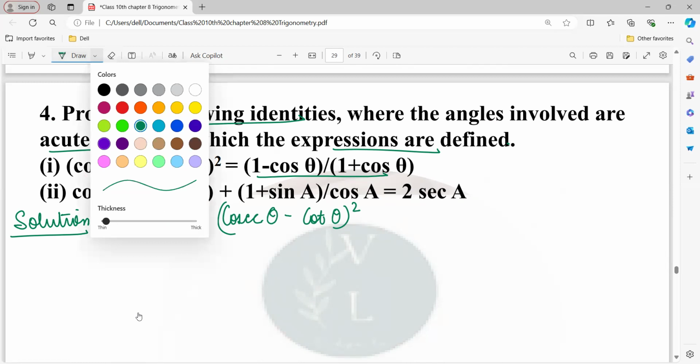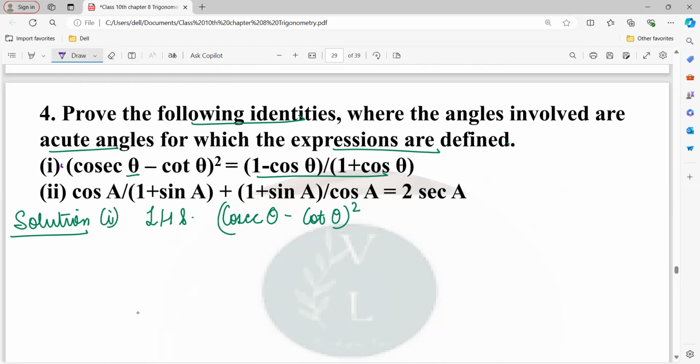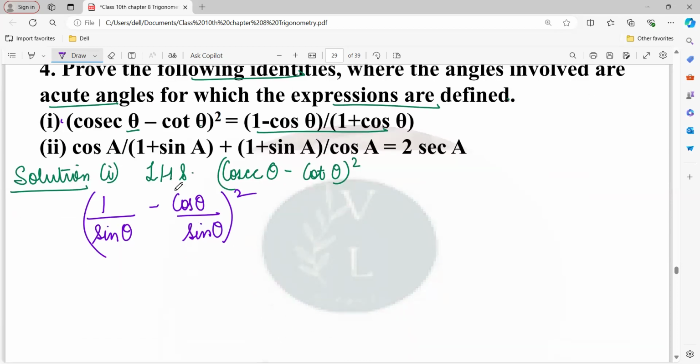So let's solve it. Now, cosecant theta is equal to 1 upon sine theta, minus cot theta, which is equal to cos theta upon sine theta. We'll take the square of it. Now we'll apply the identity. Before that, we'll take the LCM.